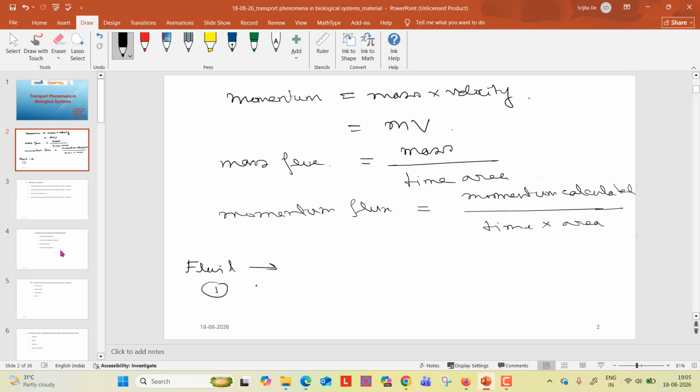I think I have gone through this, but again I am repeating it. The first one is the continuum approach, the continuum assumption. The second one is the no slip boundary condition.